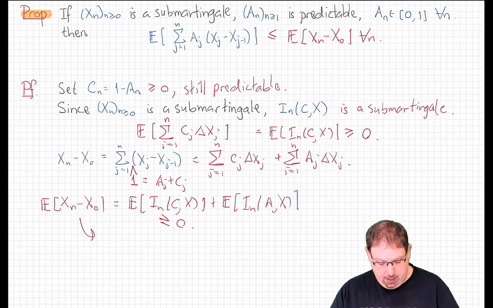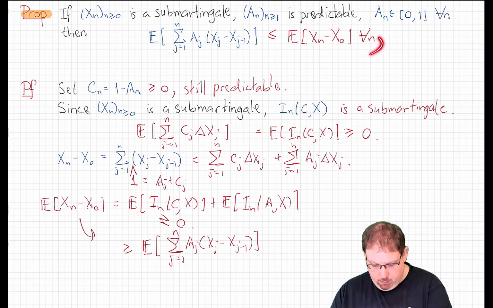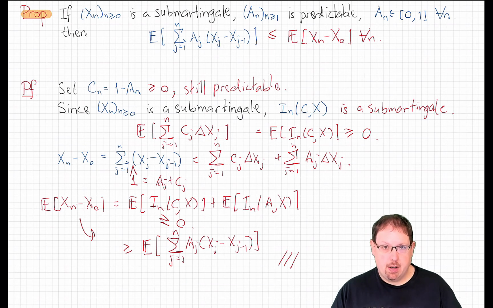So therefore this is greater than or equal to the expected value of the stochastic integral of A, but that's exactly what we wanted to show. So if you're betting on a submartingale, you should go all in every turn.